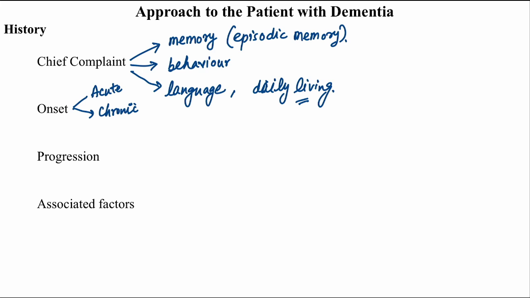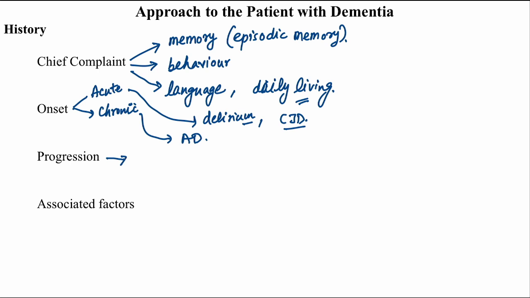So if there is an acute cause, you must rule out delirium and Creutzfeldt-Jakob disease. These are the two causes of acute dementia. If chronic, it is Alzheimer's disease, right?